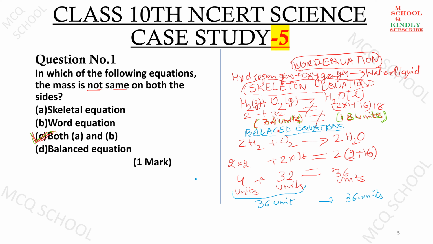That means a balanced equation has equal mass on both sides, while a word equation doesn't talk about balancing. So the mass is not the same on both sides in the case of skeleton and word equations. So the answer is both A and B.